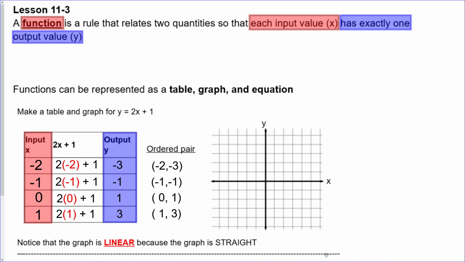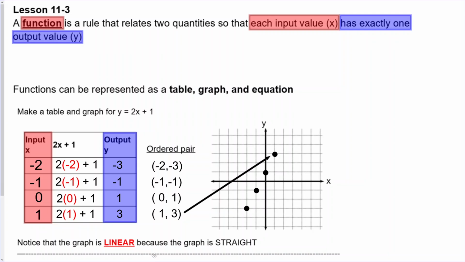So let's go through and let's actually graph these ordered pairs. This -2, -3 is right here. If you are sitting here going, I don't understand how this goes, please go and just Google, how do I graph an ordered pair? Okay? -1, -1 would go right there. 0, 1 lines up right there. And the 1, 3 would be right there.